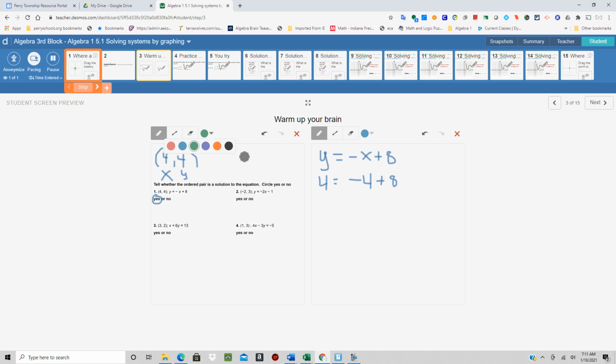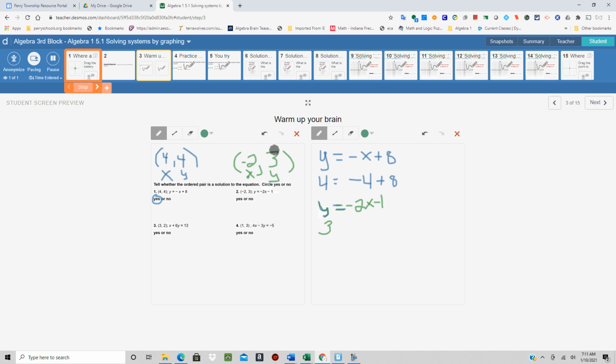Negative 2, 3. That is my x and my y. So I've got y equals, let's do that in green so that it matches up. Y equals negative 2x minus 1. Take out the y, put in 3.